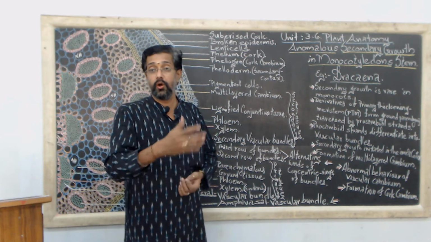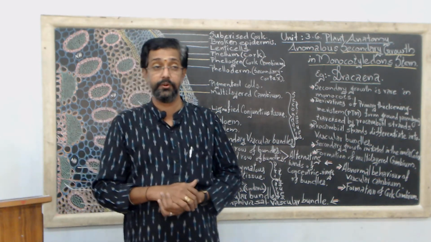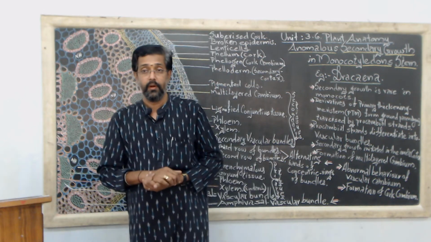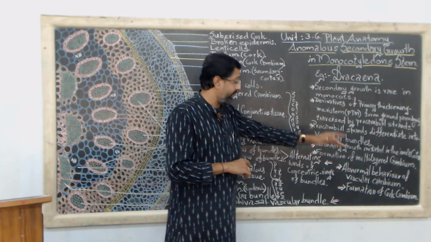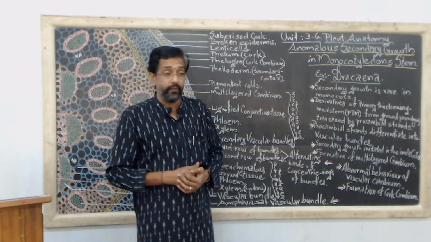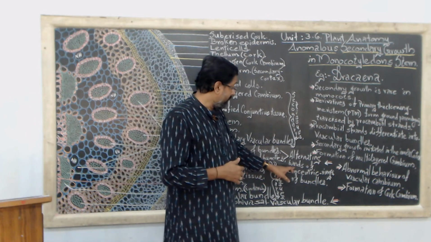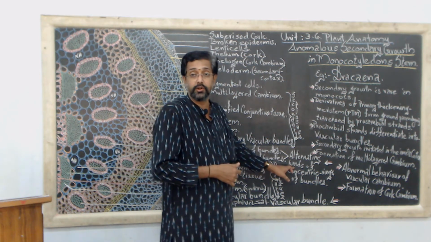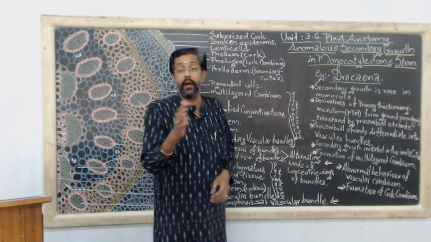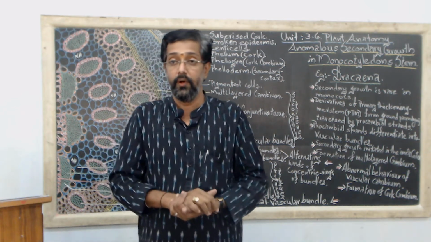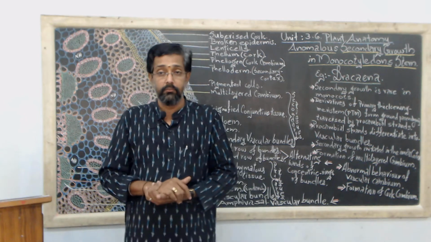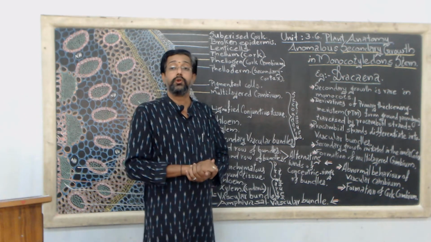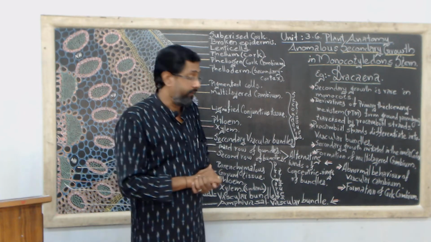Because the second row of bundles and the third or subsequent rows of bundles, which are formed in the ground parenchyma from the multilayered cambium, are oriented in such a fashion, alternating bands, because the alternating locations of the multilayered cambium derive the vascular bundles, that is xylem and phloem.